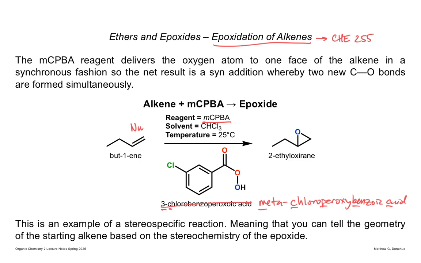What it does is has this peroxide bond. So a peroxide is an O-O bond. And that blue oxygen is electrophilic. So what it does is a 1-2 addition to the alkene, where both carbons now are bonded to that oxygen. And so the name says 2-ethyl-oxirane. So epoxides, oxiranes are the same thing.